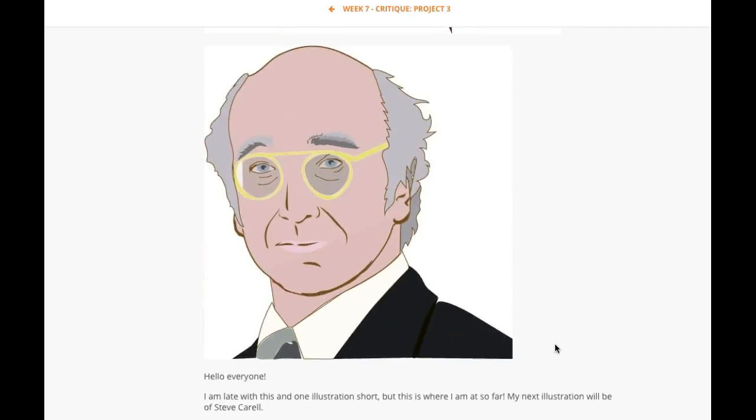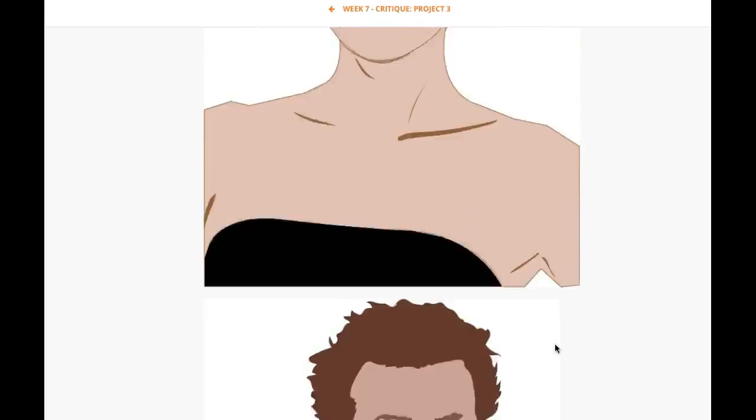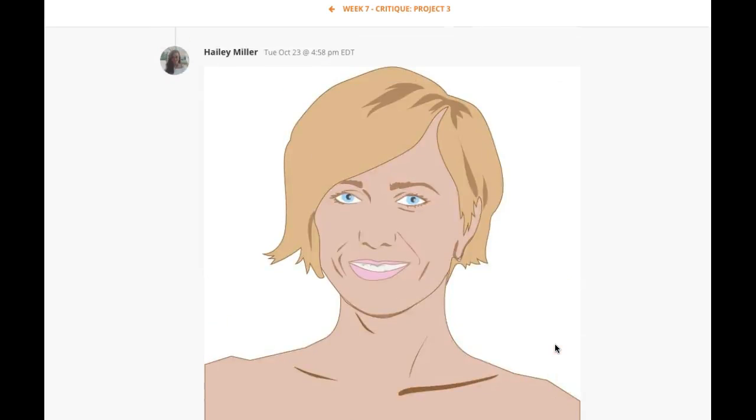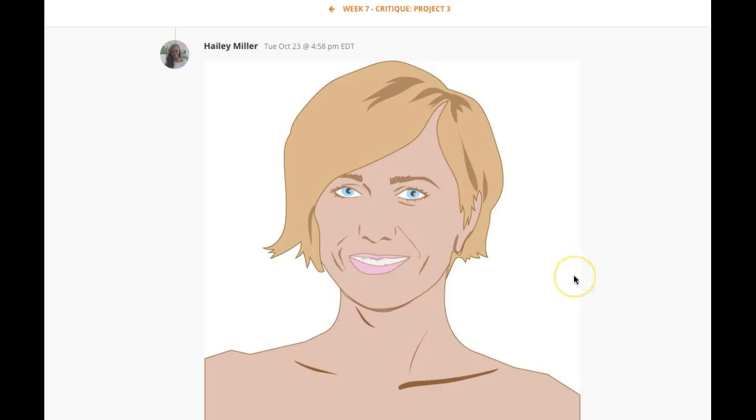Another thing I want to talk about in terms of consistency is skin tones. So sure, when we illustrate these one at a time, we take a look at them, we say, okay, all is well. You may even be sampling skin tones from the photograph. I'm not sure what technique you're using, but the caveat here is that this is going to be a series. These four stamps are going to be viewed right next to each other.